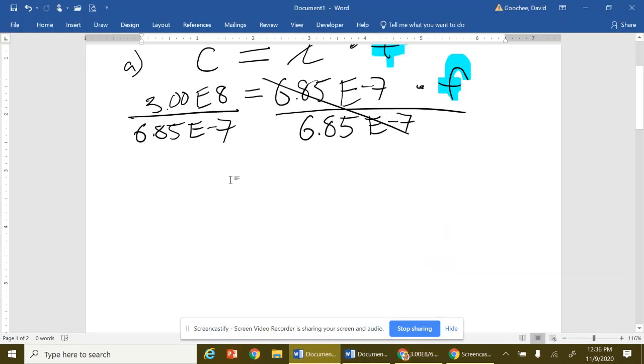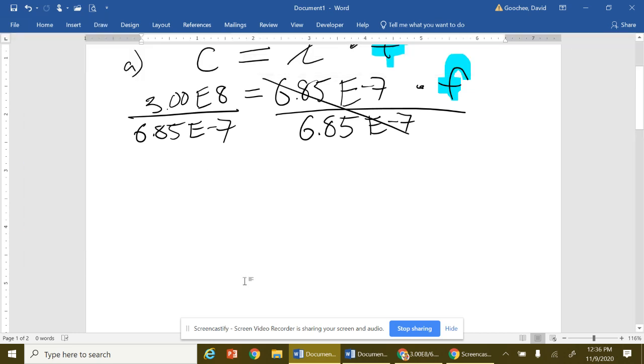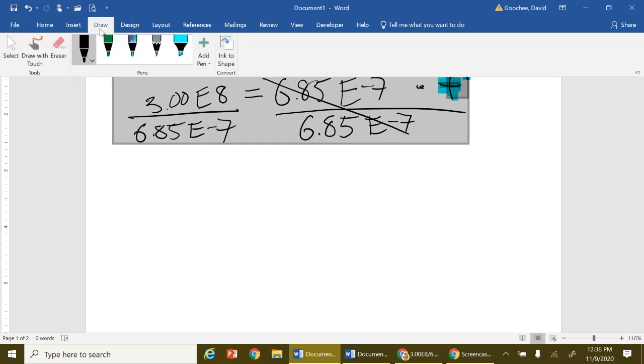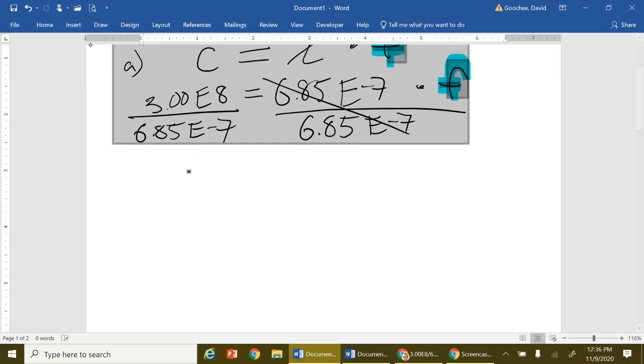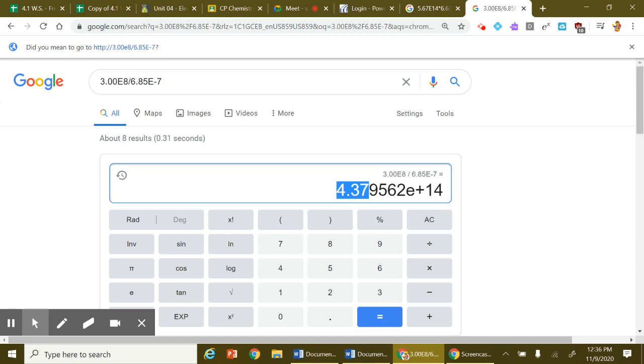So what I got here is the frequency. The frequency equals 4.37 times 10 to the 14th.